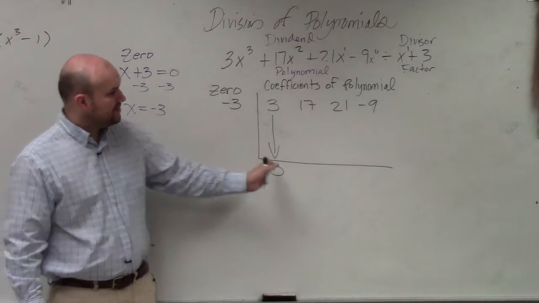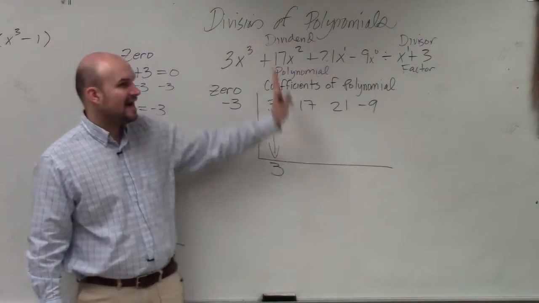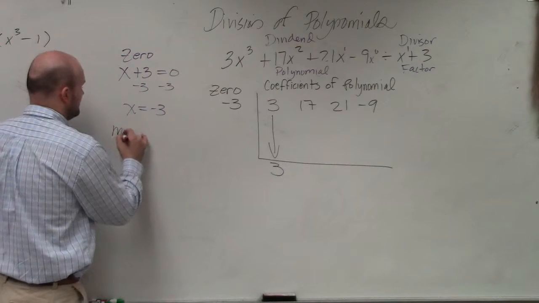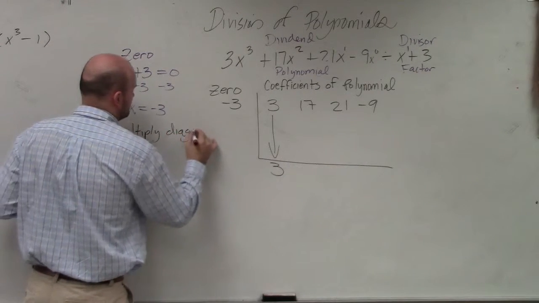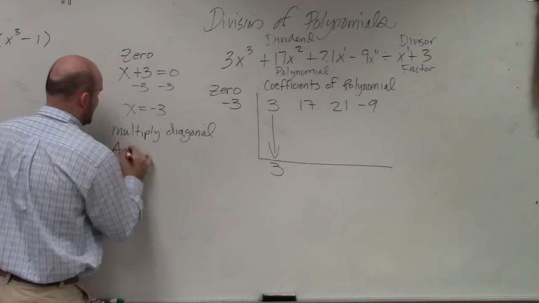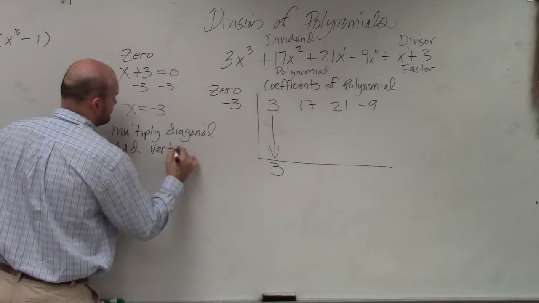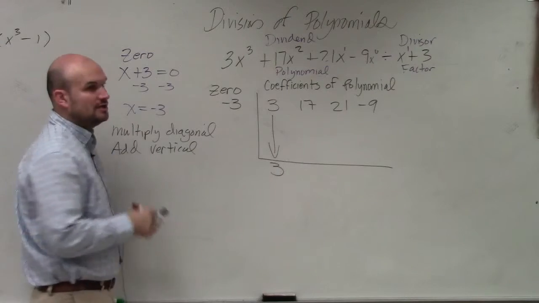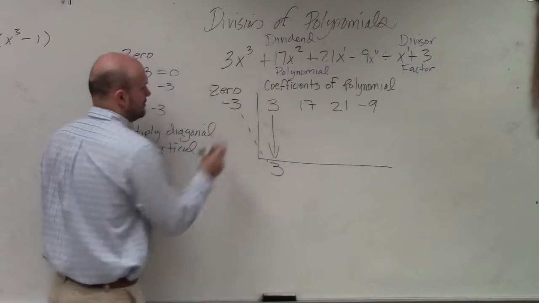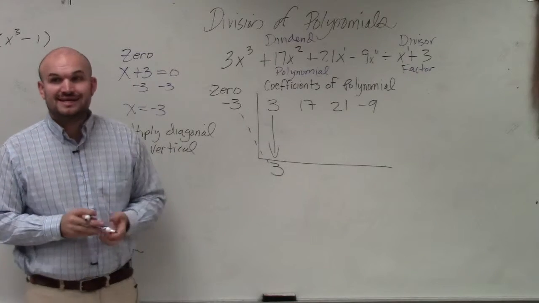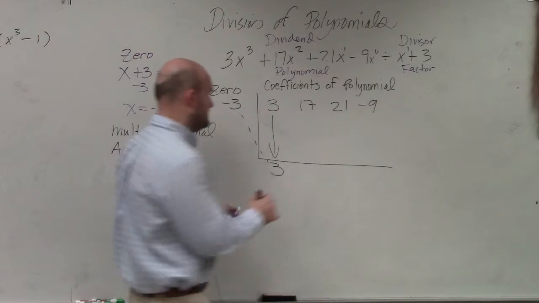Now, what we do is we multiply diagonal, add vertical. So if you want to write that down, multiply diagonal, add vertical. So diagonal is like this. So 3 times -3 is -9.